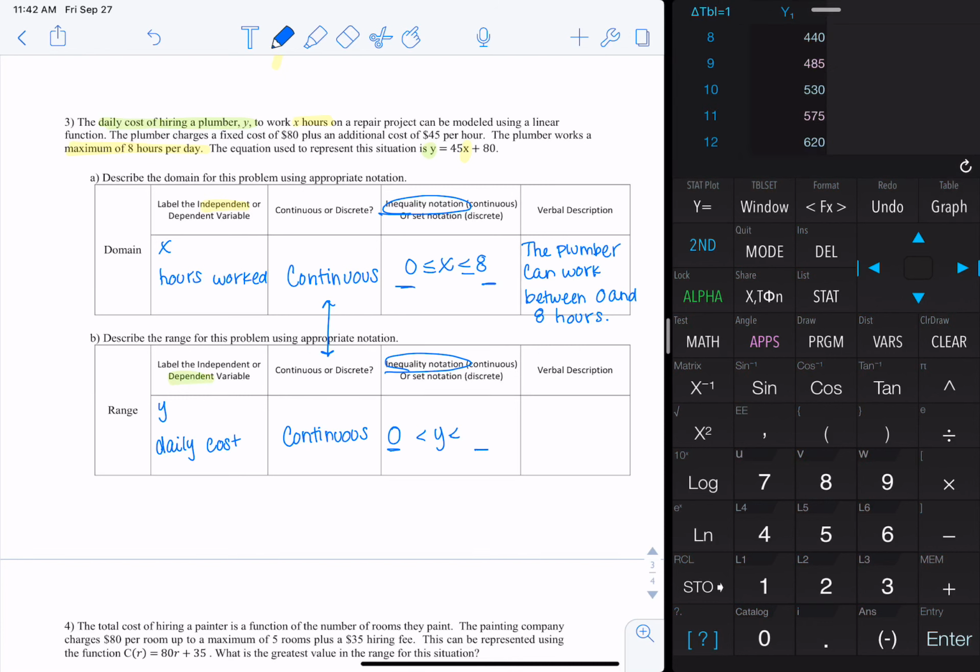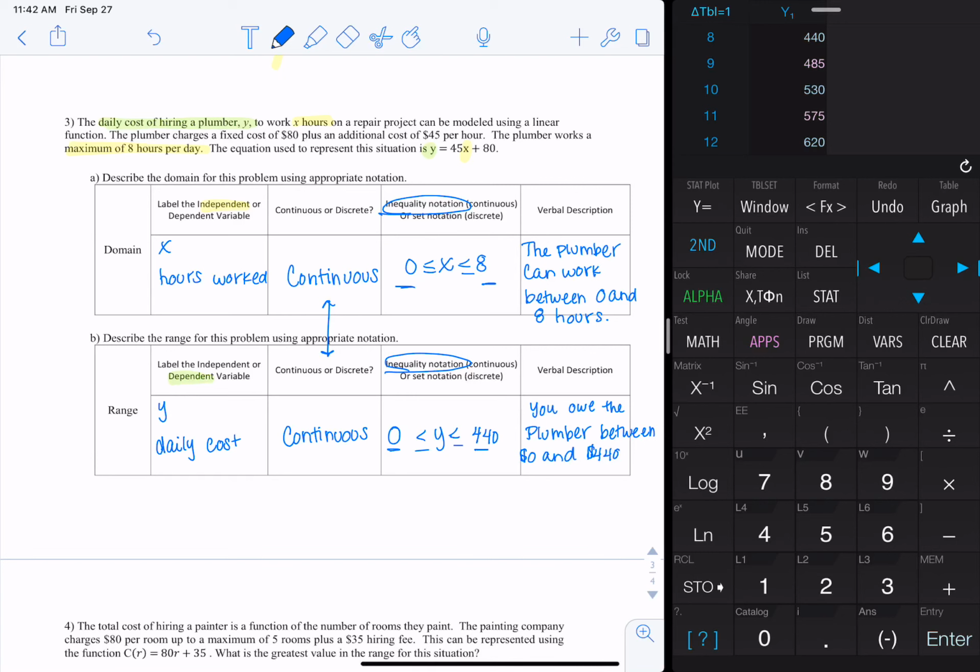So if he works 8 hours, it's going to cost me $440. Make sure you include those. And we're going to say you owe the plumber somewhere between $0 and $440 is the max it would cost, okay?